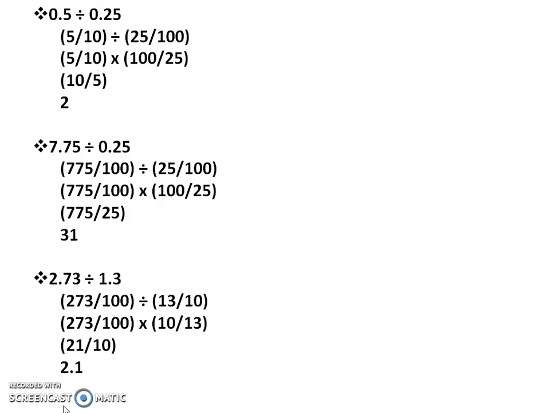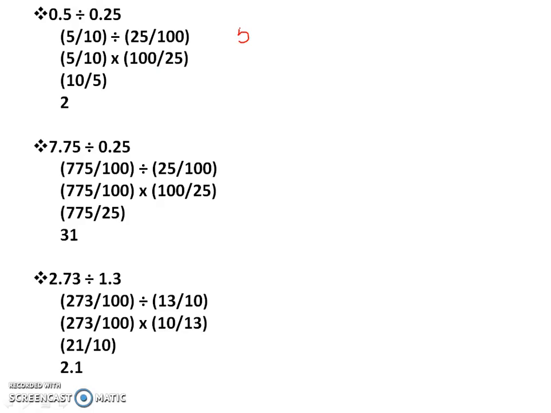Now, next question. 0.5 divided by 0.25. Can you see two decimal numbers there? 0.5 can be written as 5 by 10. 0.25 can be written as 25 by 100. Now, what is there? Reciprocal of the second number.